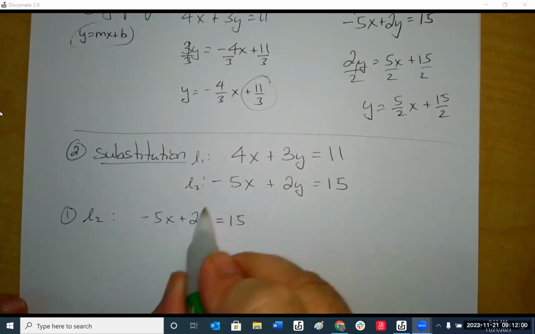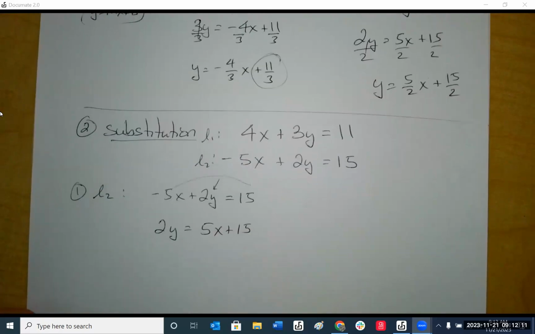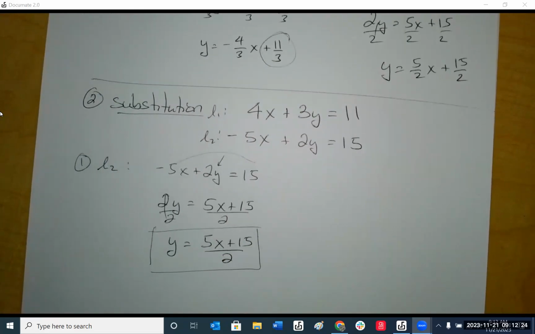I'm solving for y. So I move the x over, so I have 2y equals 5x plus 15, divided by 2. So there's my formula for that one.